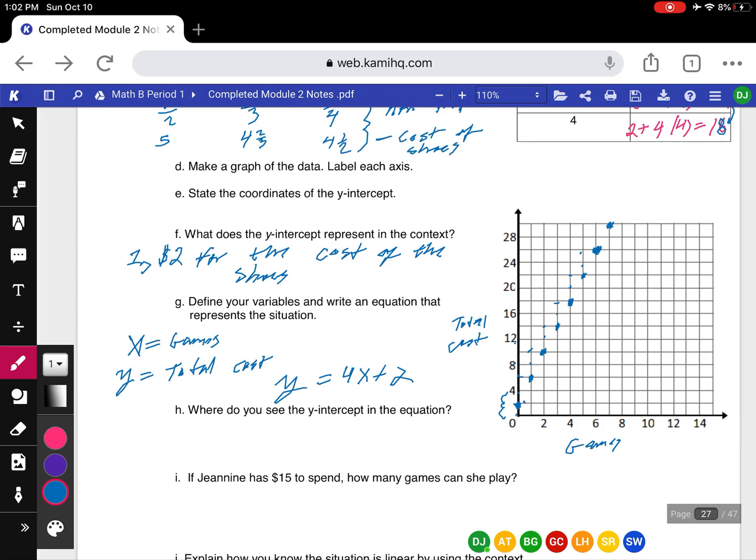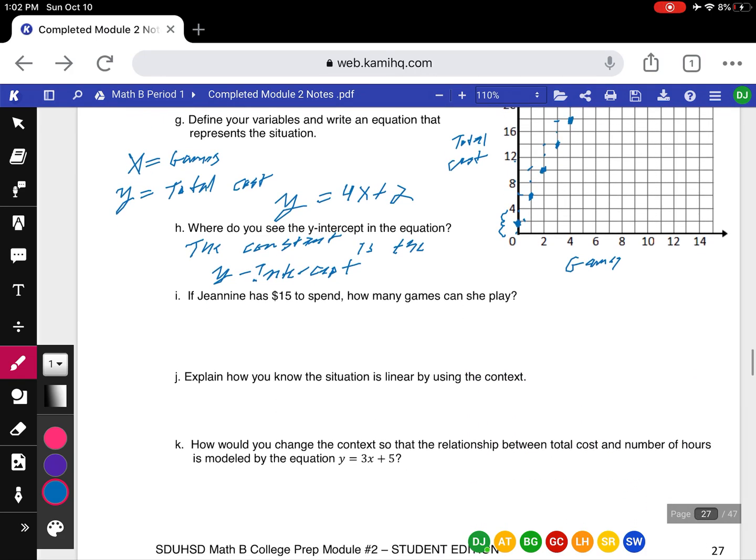Well, the y-intercept was 2. And just like the previous example, the constant is always the y-intercept. And once again, I apologize, my iPad's acting slow, making my handwriting look a little funky.